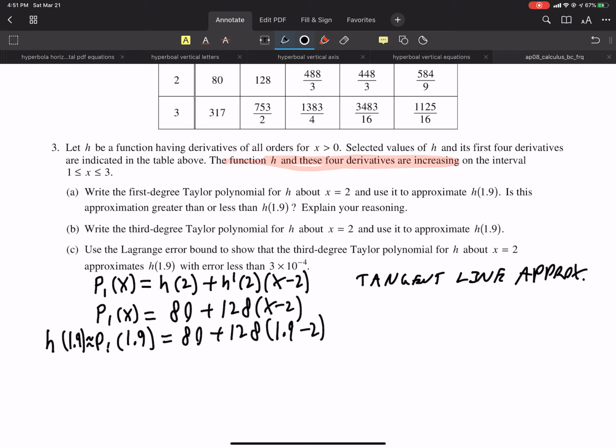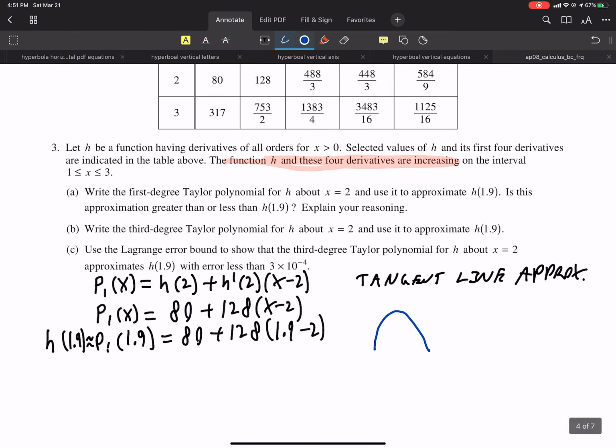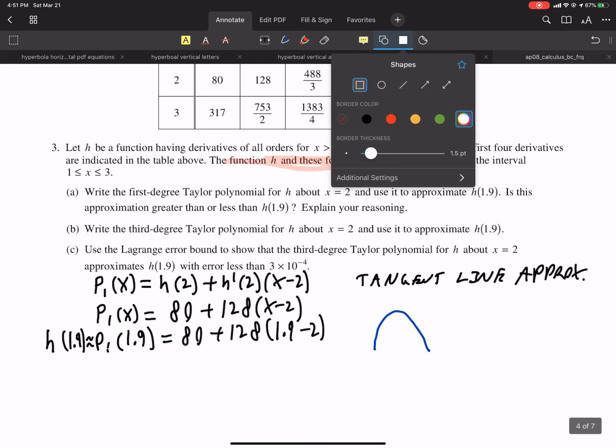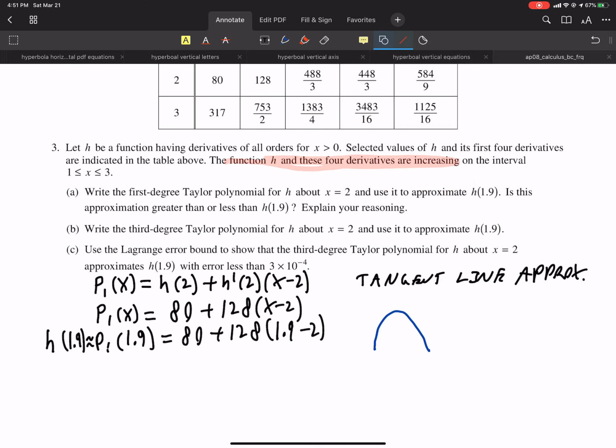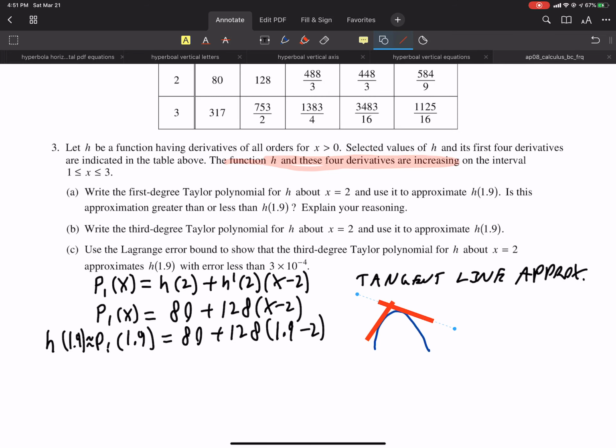So how do you know if a tangent line approximation is over or under? Well, basically it's going to be the concavity. If a function's concave down, you will notice that all the tangent lines are going to be above.